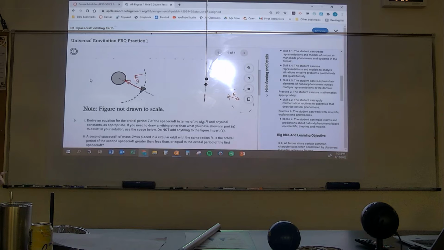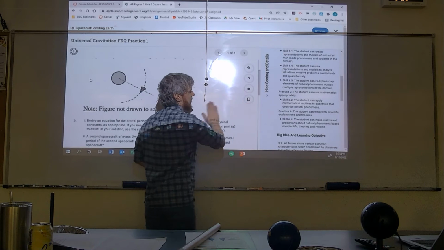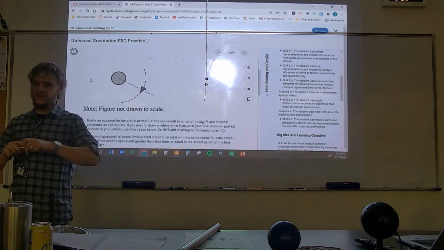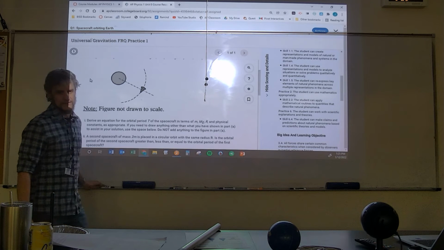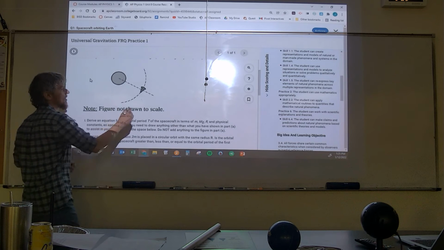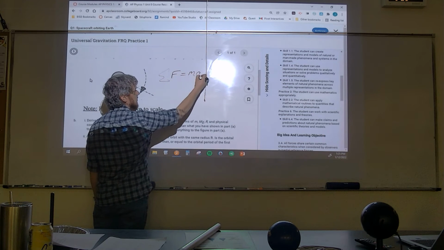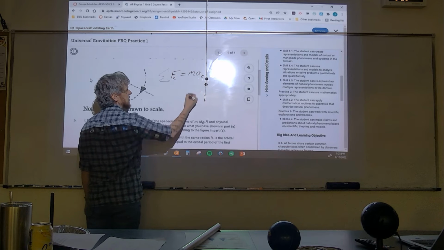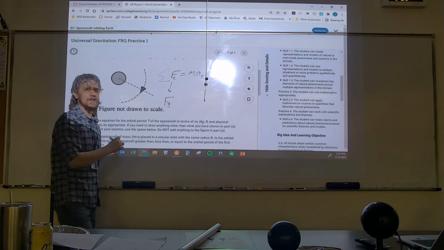Again, never label a force as a centripetal force. You want the grader of your AP exam to know exactly what type of force is acting. That's what a free body diagram is for. Which is why I like always starting from the standpoint of Newton's second law, writing the equation first, then putting the C's for centripetal, and then in the next step, in this case, a gravitational force.